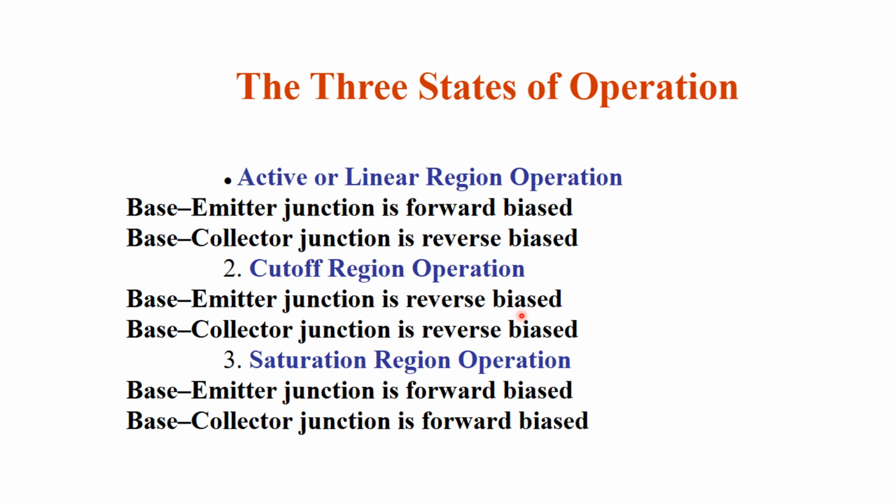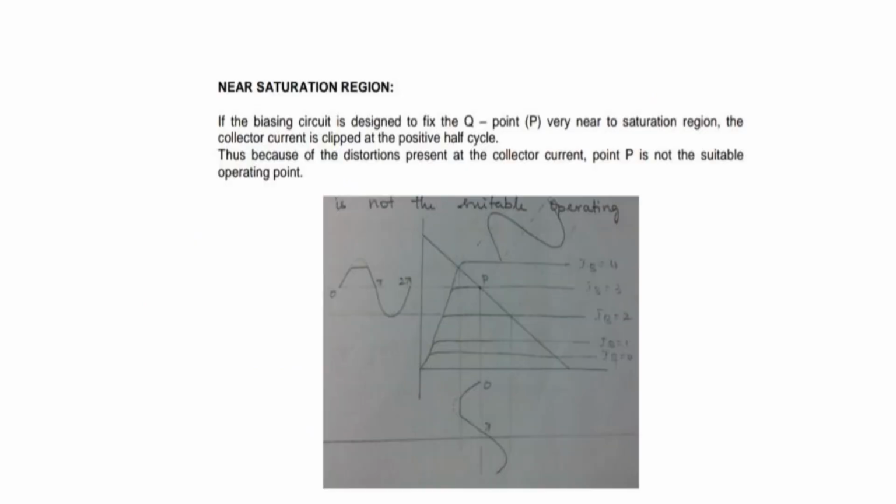In the active region, where exactly? This is the output characteristics. This is the cutoff region, this is the saturation region, and this entire portion we call the active region. So in the active region, where should the Q point be placed? At this level, this level, this level.